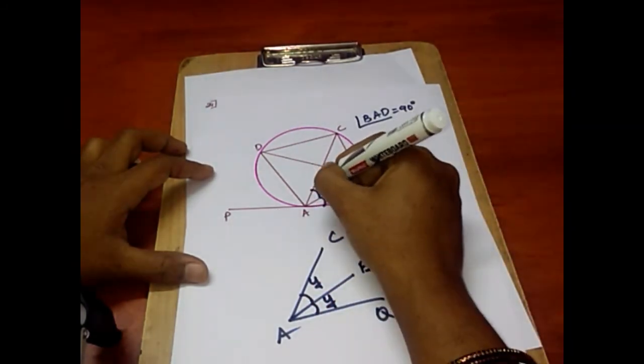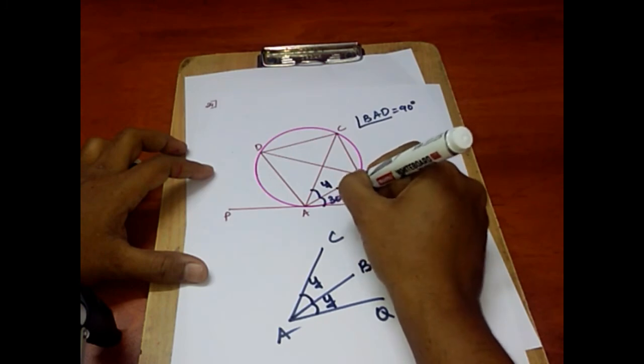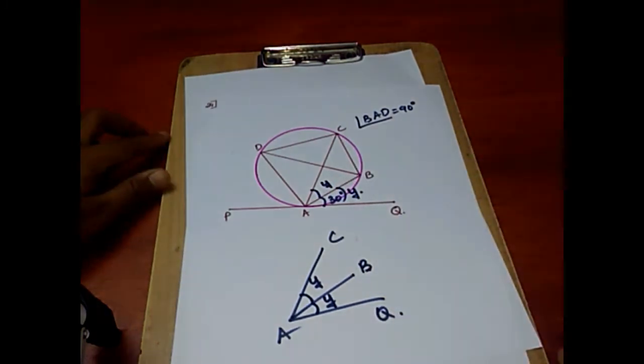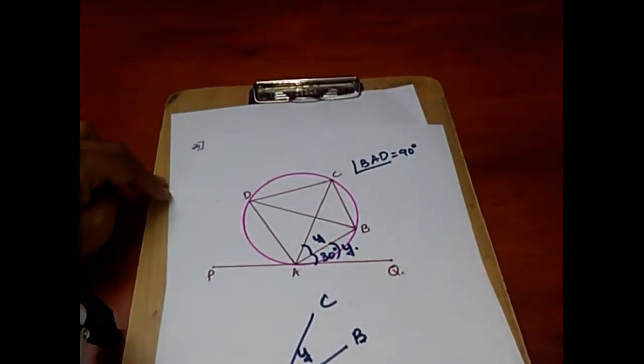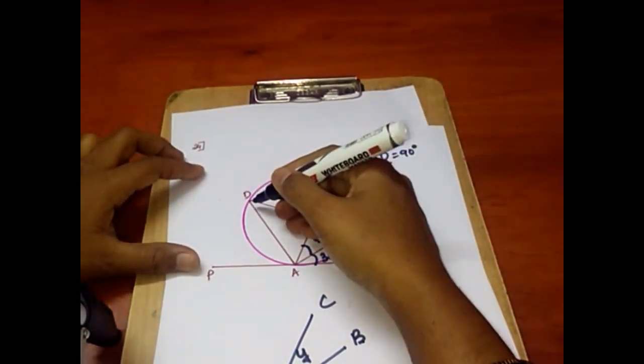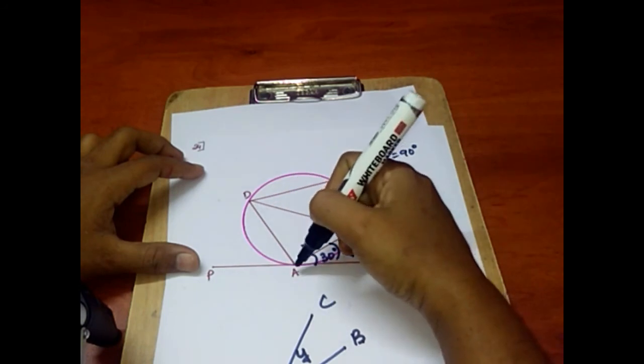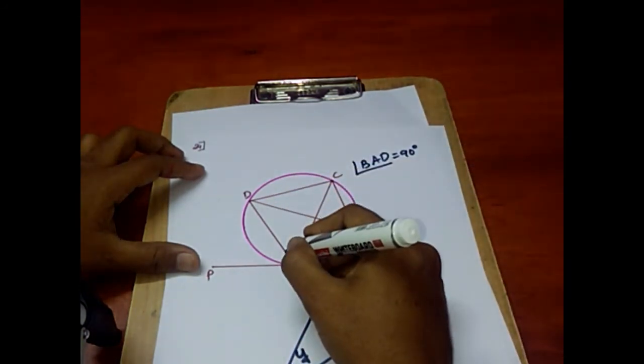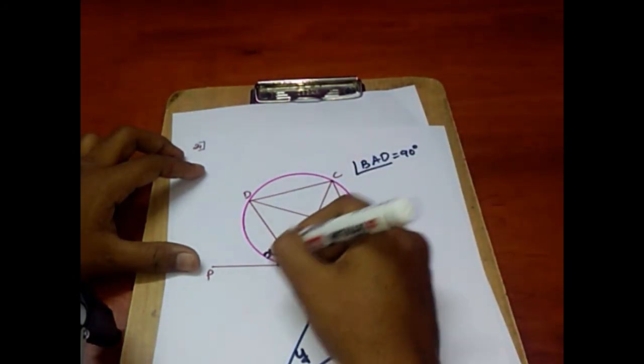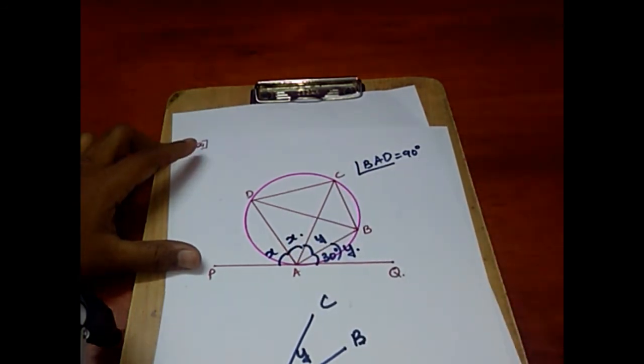Let us mark these two equal angles as Y and Y. Keep that in mind. Next, AD is the bisector of angle PAC. So mark these two angles as X and X.